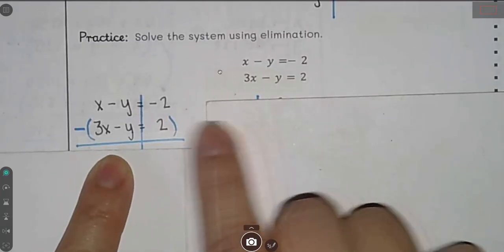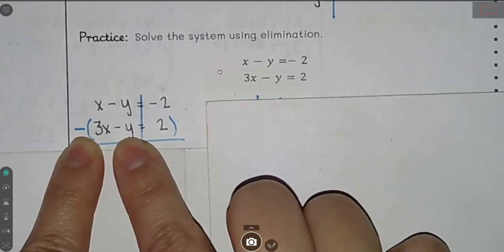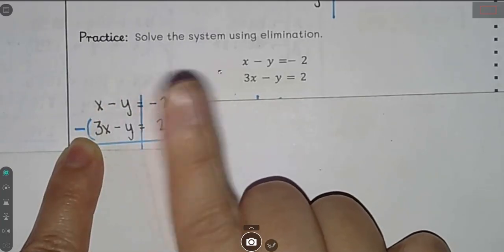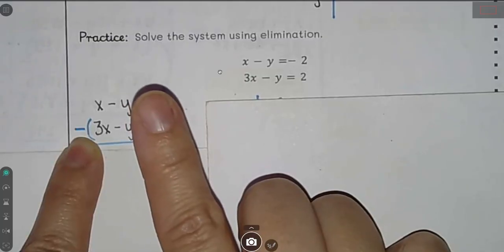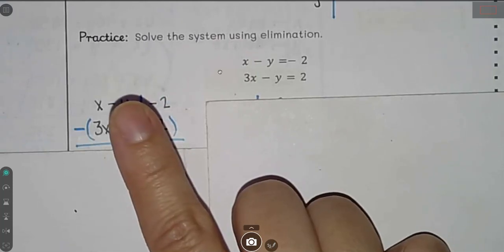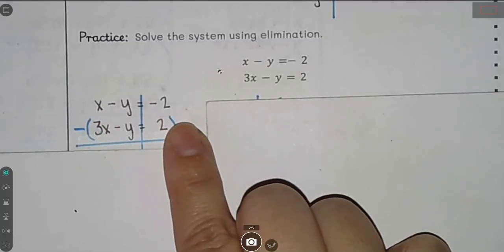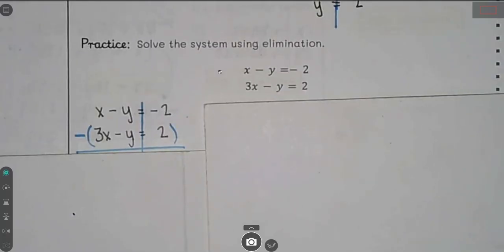But if we subtract, what is negative y minus negative y? Well, minus negative becomes a positive. What's negative 1 minus negative 1? Negative 1 minus negative 1 is 0, because these become positive.